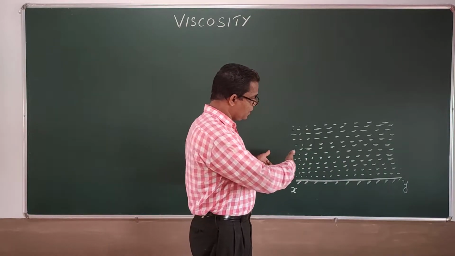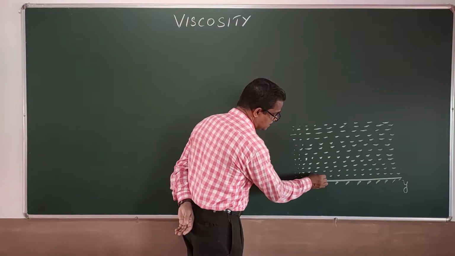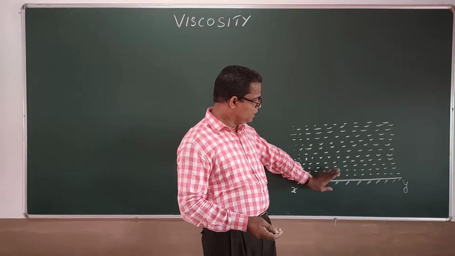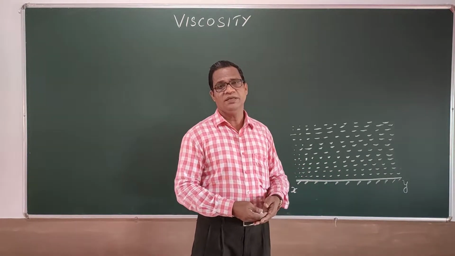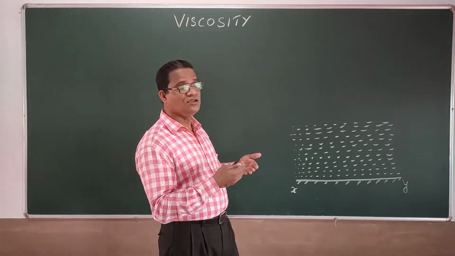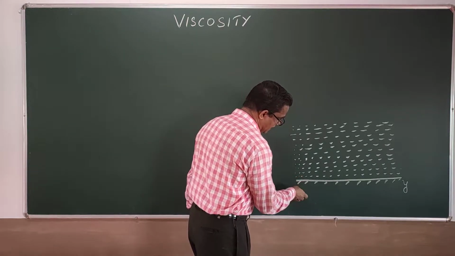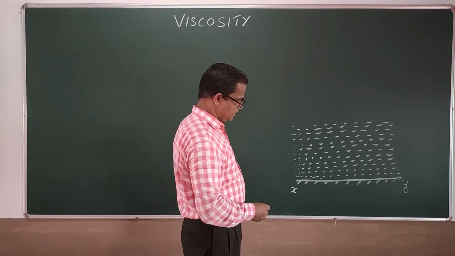As the liquid is flowing on that solid surface, some of the liquid particles are coming in contact with the solid. Those liquid particles in contact with the solid will have an adhesive force of attraction. So adhesive force of attraction will make these particles move with a slow speed.